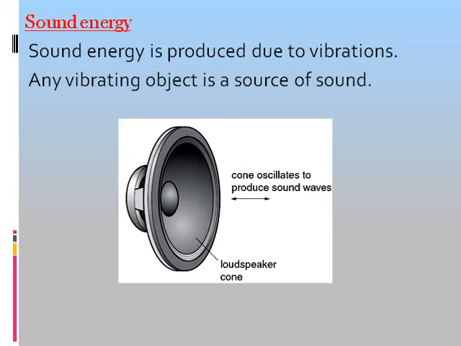Then this turbine is coupled with a generator. The generator converts it into electrical energy, and electrical energy is further converted into light, heat and many different forms of energy. So if you see, we are just converting one form of energy to another form of energy. In all these processes, energy transfer is involved.